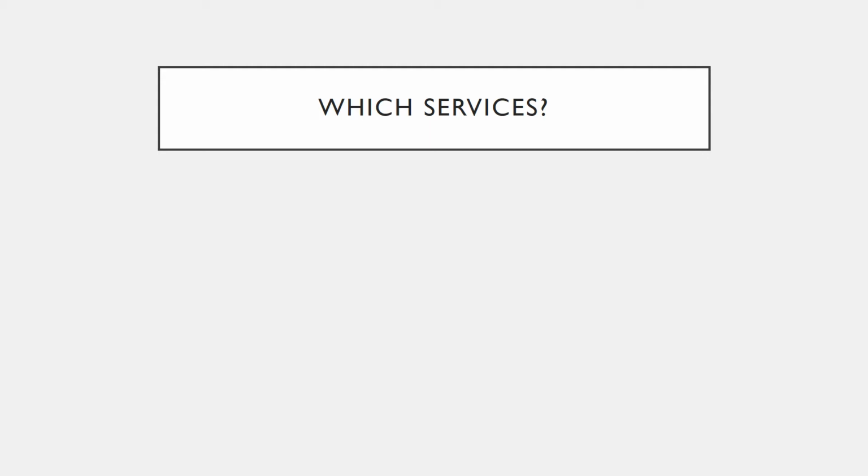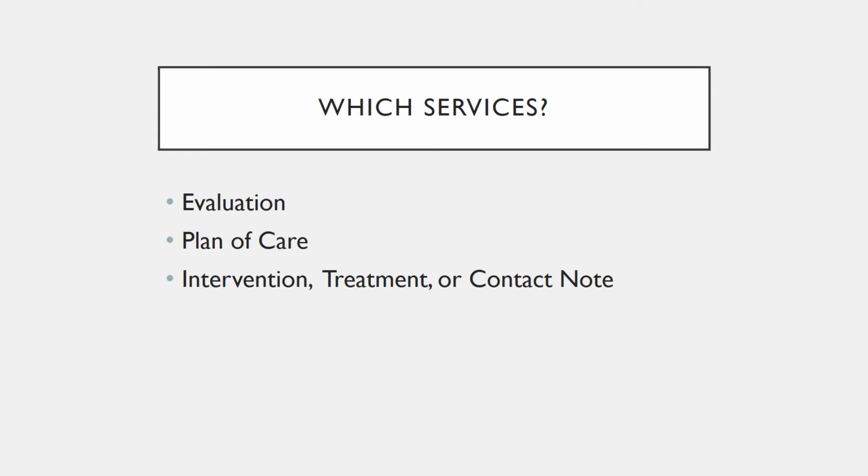While there are many types of documentation for related service providers, the majority of writing time is invested in developing evaluation reports, plans of care, treatment notes, and progress notes. These aspects of documentation are shared across disciplines and plan types.